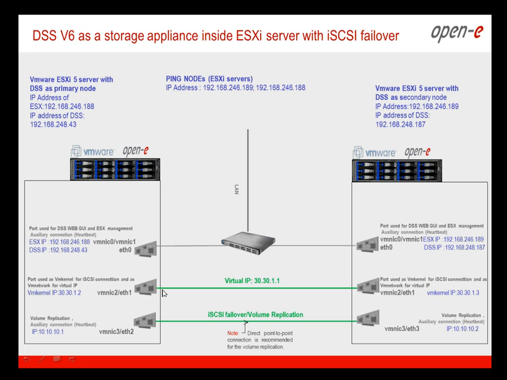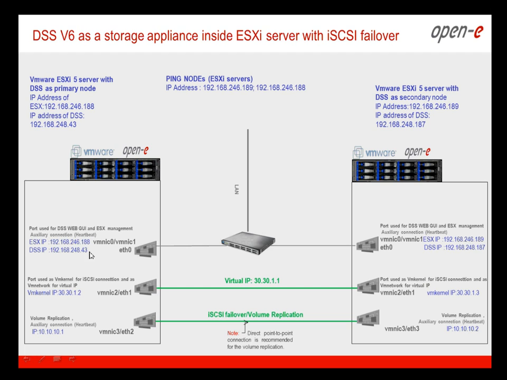So we have prepared two hosts, and both hosts are running VMware ESXi version 5. Luckily, we also have 10 gig cards in our machines. So on every machine we have 2 10 gig ports. We have a switch, and that's our local area network where we can connect our clients.